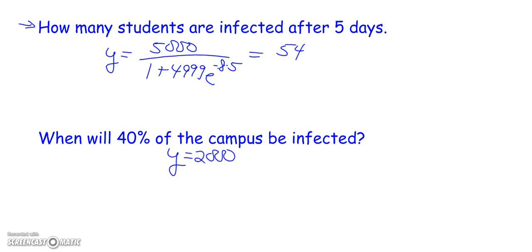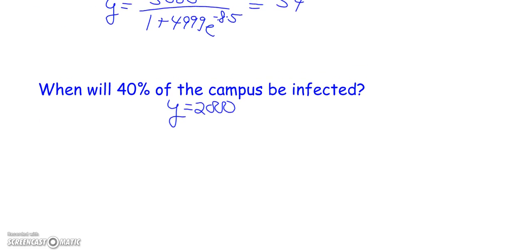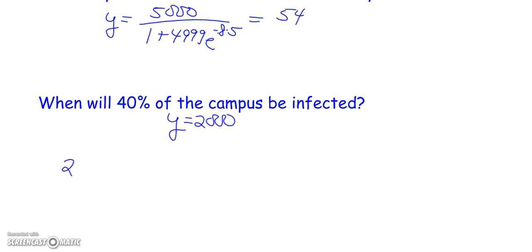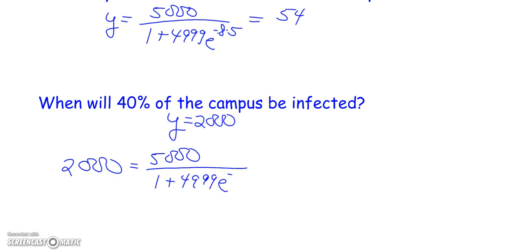So if you're going to solve this, this is going to be the same exact equation, but this time they've given you a y value, and they want you to solve for t: 1 plus 4,999 e to the negative 0.8t. They want you to solve for t.